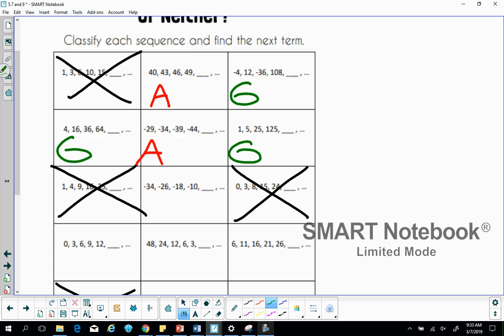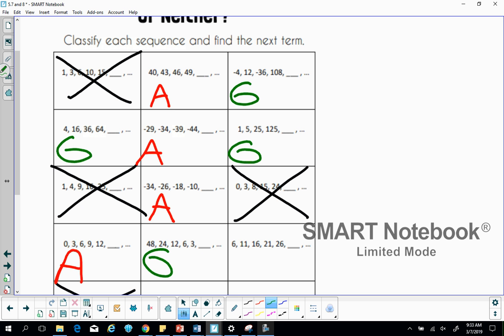Allison. This one. What is it? Not G. It's not multiplying. It's adding, actually yeah, it's adding. Tristan, what's the next one? A. Brandon, what's the next one?